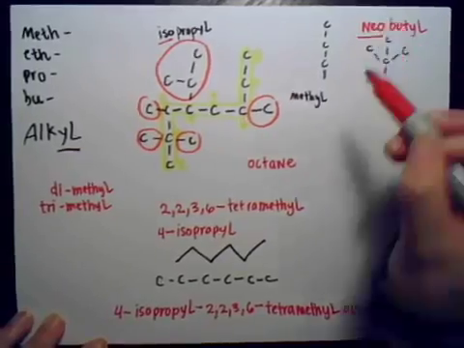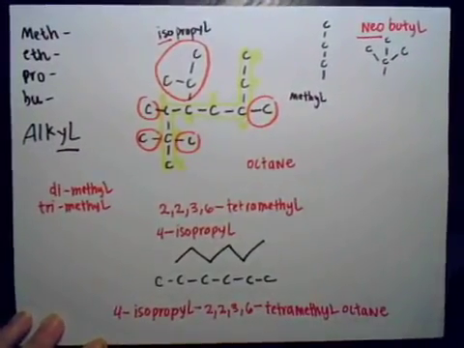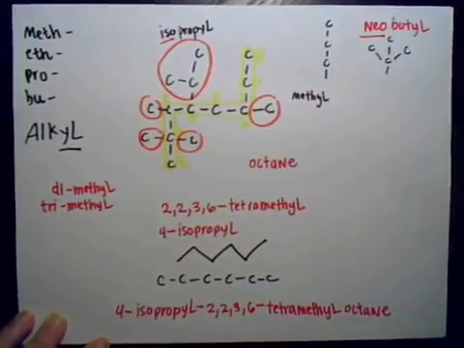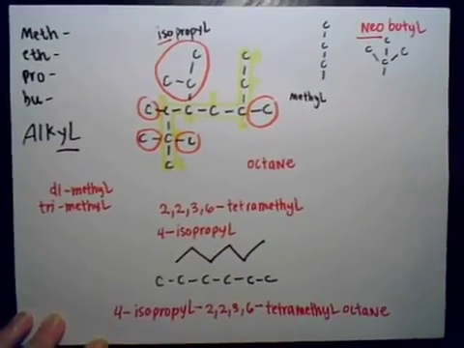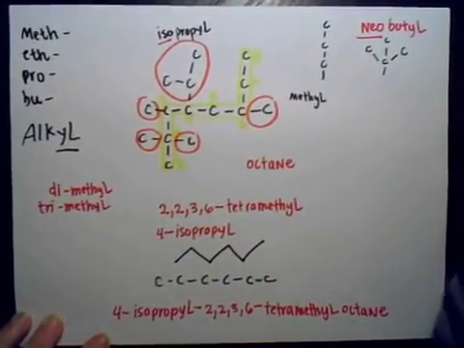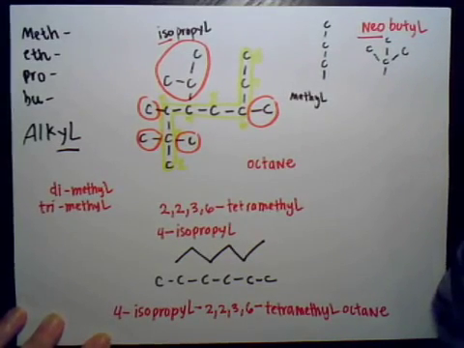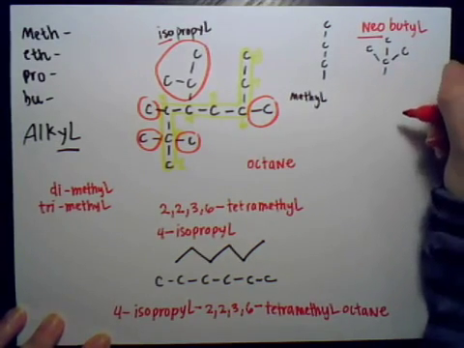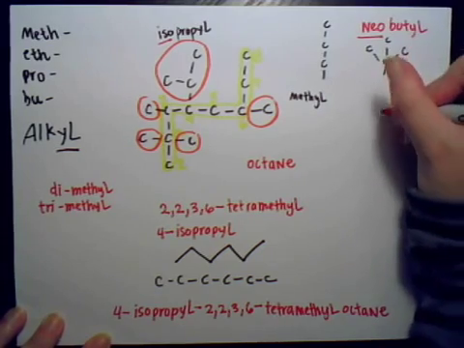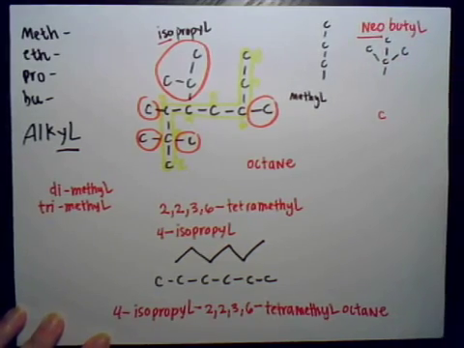So just like the neo and the iso, we can also have other arrangements, and that would be cyclic arrangements. A cyclic arrangement would look something like this. Let's say we had 3 carbons, which would be propane. Obviously we can't have a cyclic methyl, because it's only 1 carbon, so there's no way we can make a loop out of that.